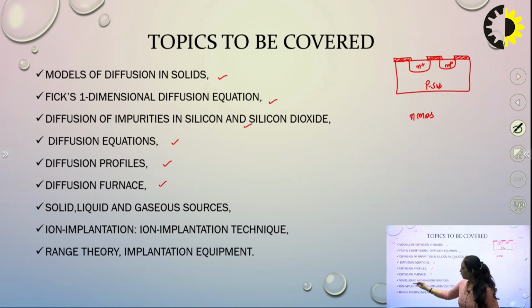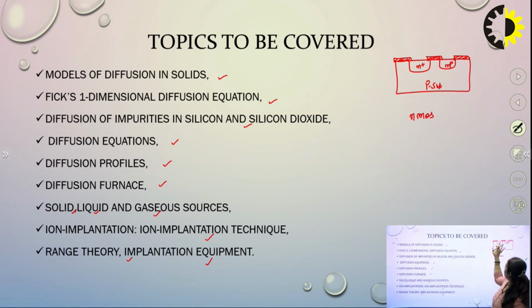Then which are the sources which we can use for the diffusion. We can have a solid source, liquid source or gaseous source that can be used for diffusion, right? Then what is ion implantation, the range theory and the ion implantation equipment, right?